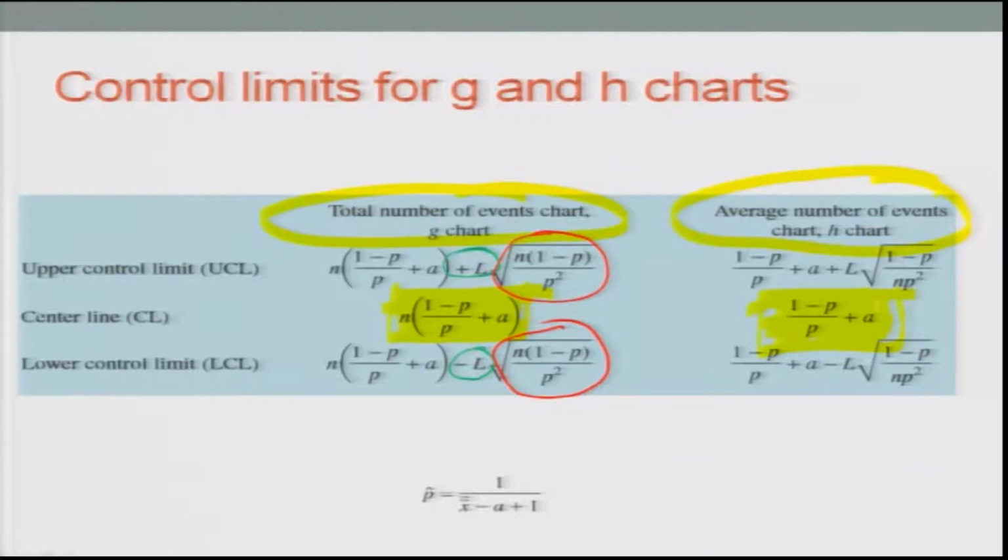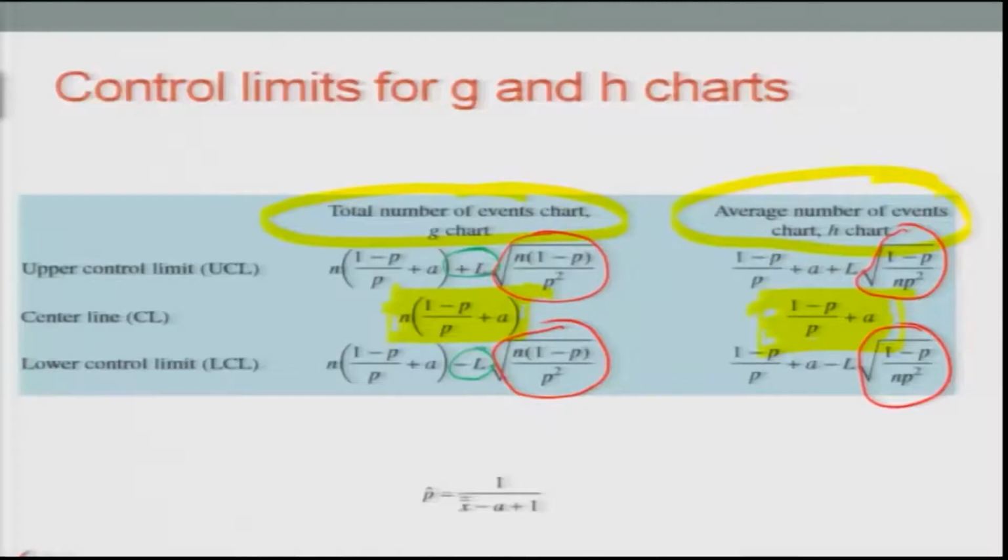You use that as a central line, and the standard deviation is the square root of (1 minus p) divided by n by p square. Why is it n square? Because n is being divided, the variance would become a square, so once it goes into the denominator, it would be calculated accordingly.